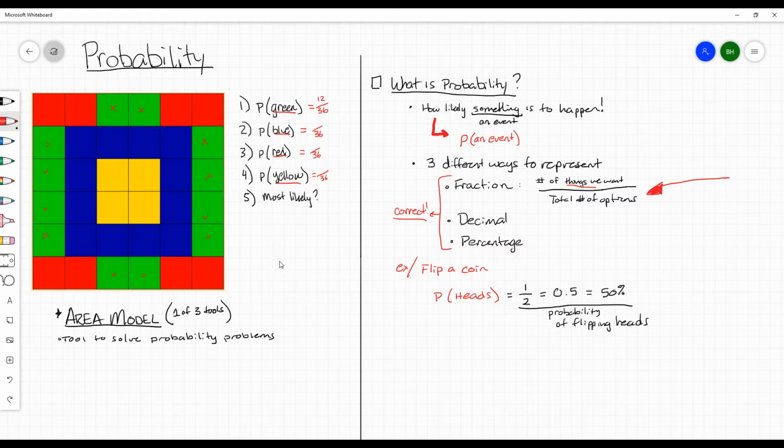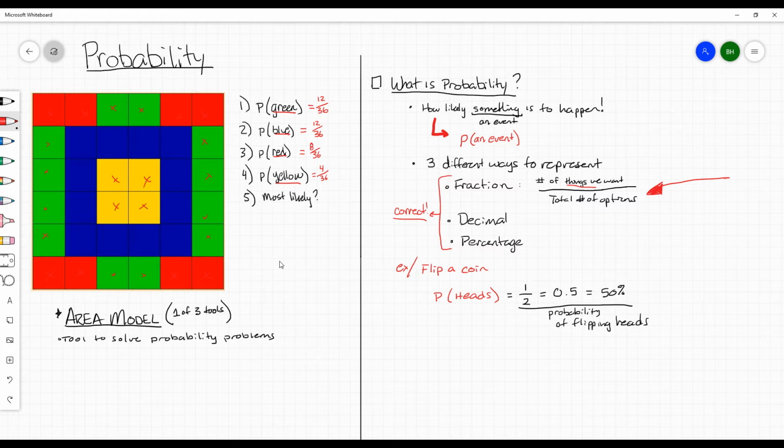So we get 12 out of 36. The same thing happens with blue. We'll count them all up, and you'll get 12. When we look at the reds, we get 8. There's 2 on each corner: 1, 2, 3, 4, 5, 6, 7, 8. And finally, yellow, we just have the 4 in the middle: 1, 2, 3, 4.